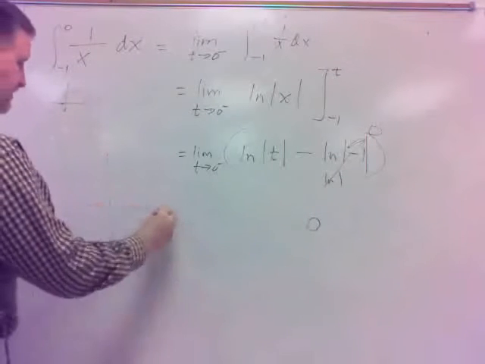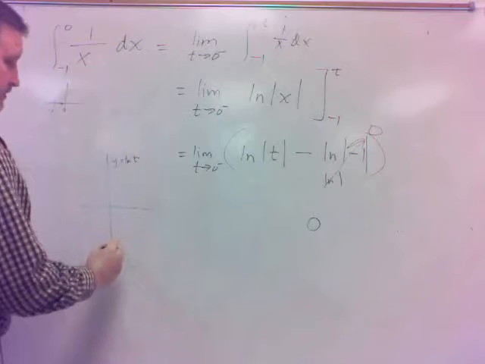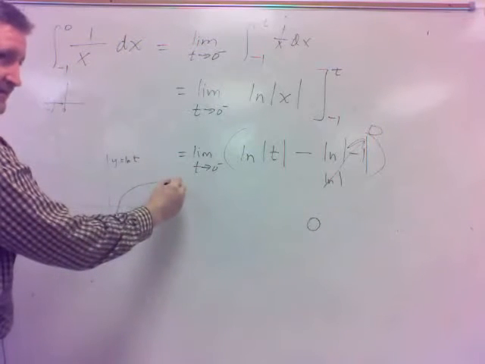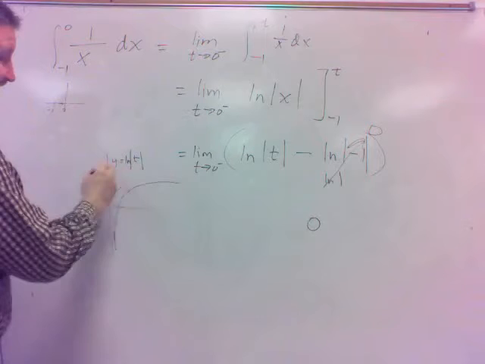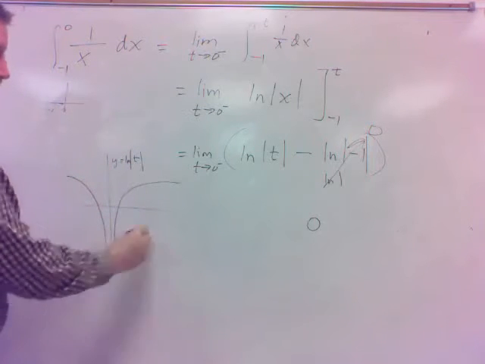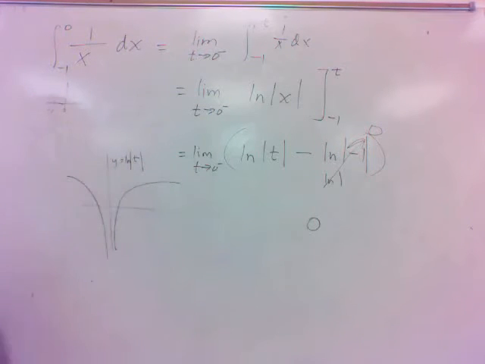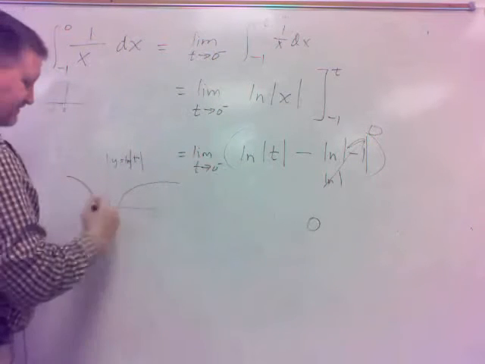Why is that significant? Because if I just do the natural log of t, that's only this side. But if I do the absolute value of t, that gets me both sides. You see? So I do have something on 0 to... There's something there. Now, what happens as I go towards 0 from the left?